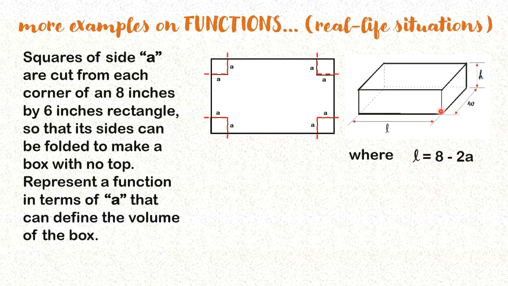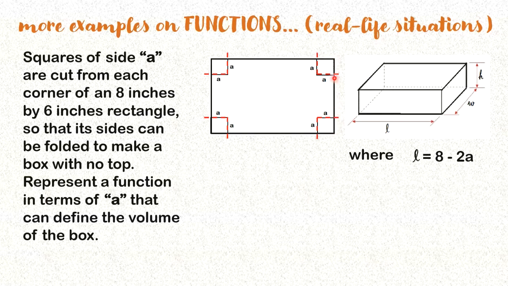Okay. What about the width? Asan ba yung width? Ito siya. Again, yung original rectangle natin, ang width niya 6 inches from this point to this point. But again, nag-cut ng squares, di ba, sa bawat corner. So, ibig sabihin, nabawasan to ng A inches dito sa part na to, and isa pang A dito naman sa part na to.